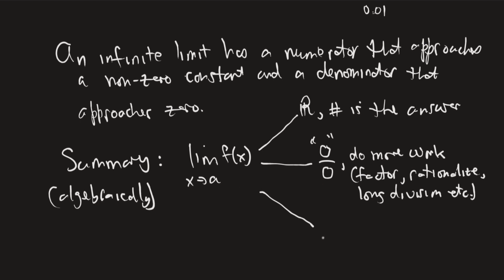Now, if you end up with something like a over 0, where a is not 0, then this is our third case, and this tells us that we're working with an infinite limit. There are three possible answers for an infinite limit.